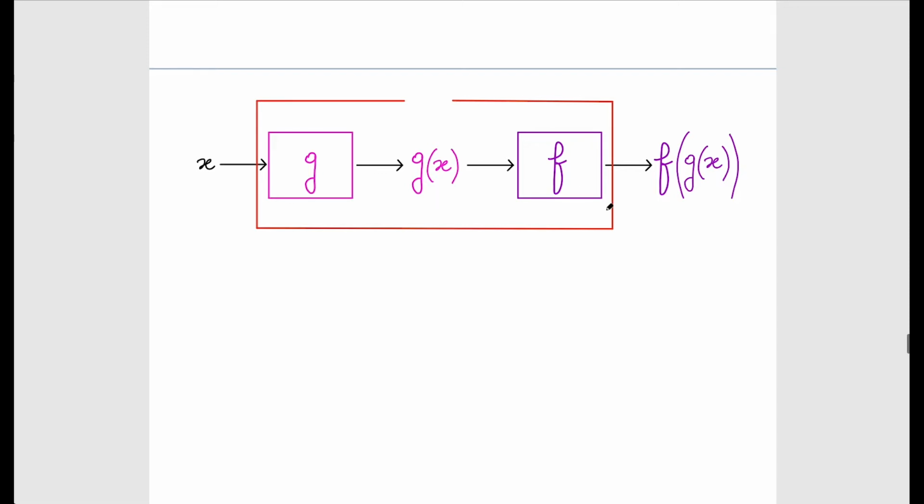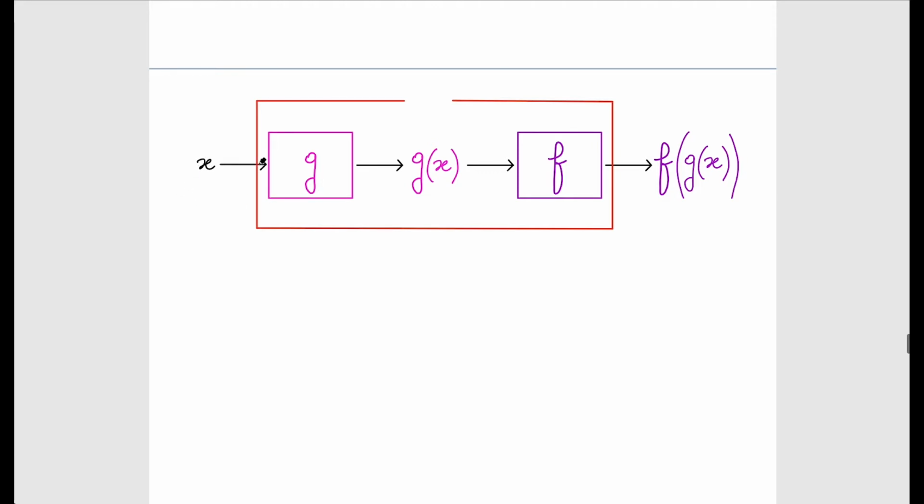So we're gonna create a new function out of these 2. Let's color it in red. This is the big machine, the red box, that's made up of 2 components, the g machine and the f machine, and the big machine operates as follows.